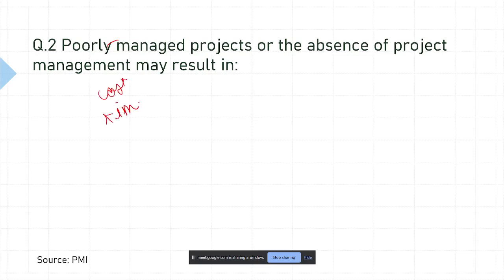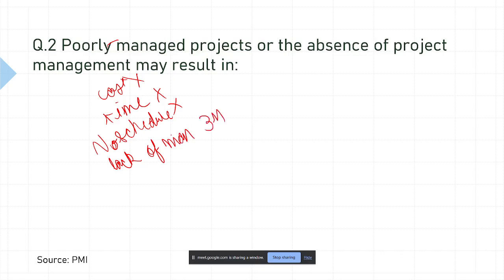Cost and time won't be maintained. Anything else? Not scheduled properly. Okay, schedule. Anything else? Lack of manpower, machineries, equipment. Okay, I'll write it again: 3M.